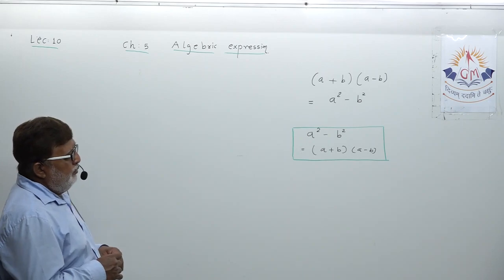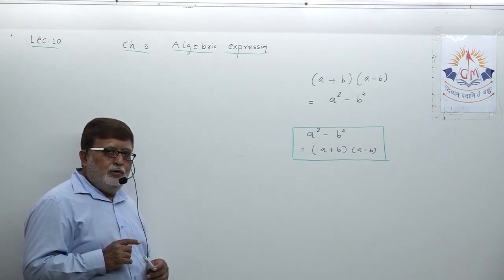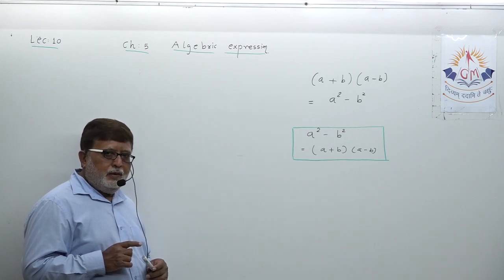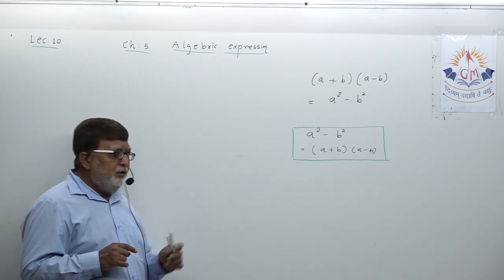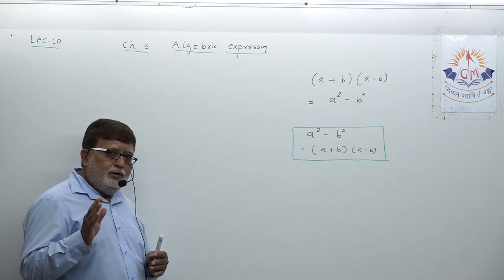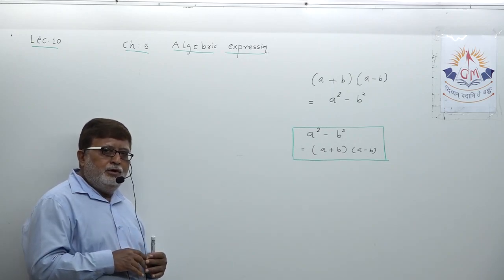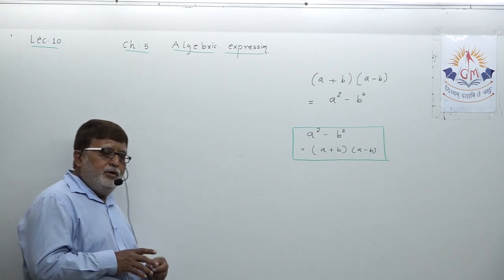So, dear students, first I will write one polynomial here, and we will factorize that polynomial according to this identity. But how do you come to know in the exam that this identity is applicable there?